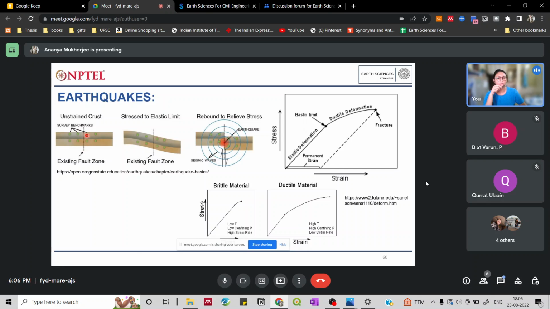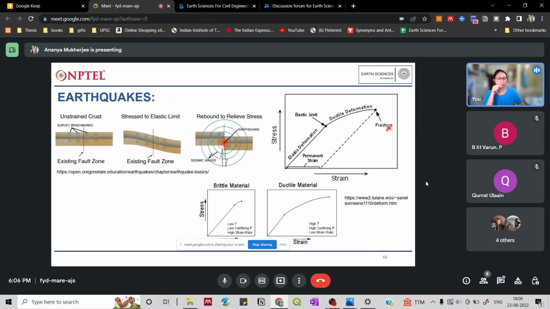This fault zone was caused by some previous stress conditions, and it is a weak zone. Now a stress condition is formed over there, and the stressed crust is going to respond to that compression or extension.